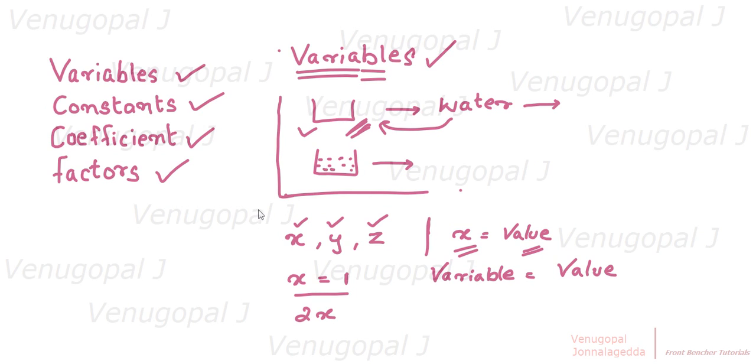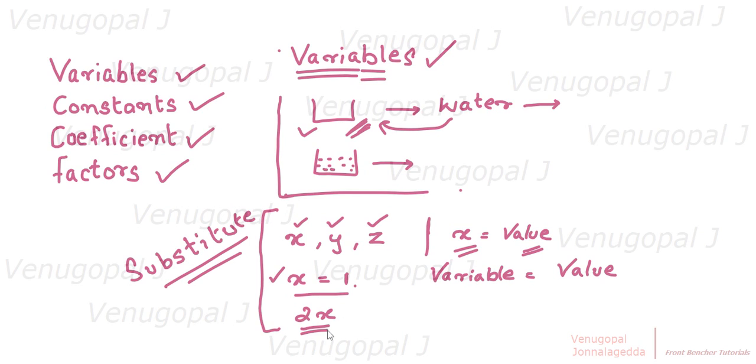If any of your teachers doesn't come to the classroom, a substitute teacher comes over and teaches some subject, right? A substitute is basically replacing something.